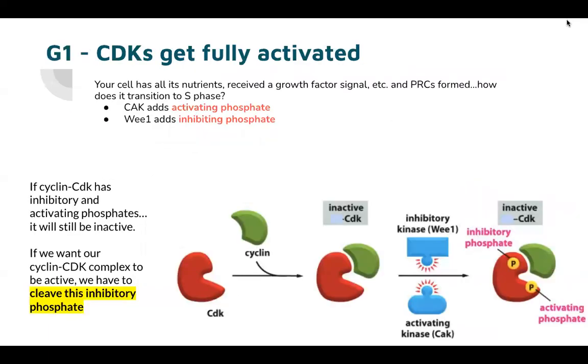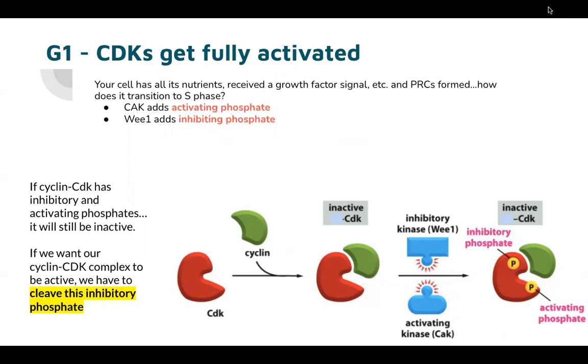Okay, so as Gabe said, for the pre-IC complex, which is just a bigger protein complex, we need CDK to be activated. And last week, or at the beginning of the week, we talked about Wee1 and CAK. And we said that once the CDK cyclin complex is bound to a phosphate from CAK, then it's activated.